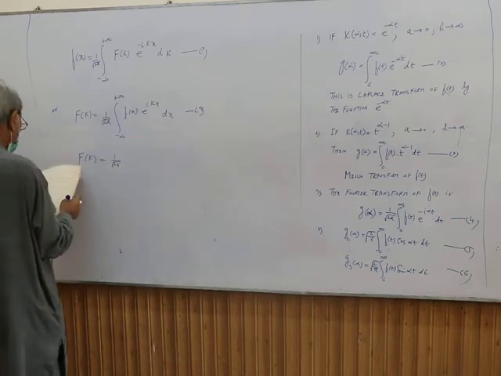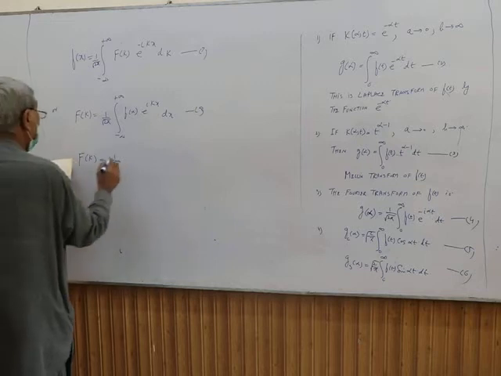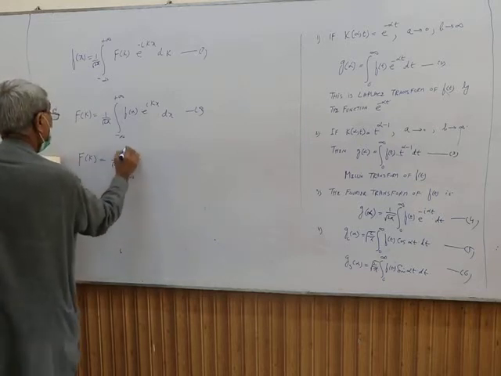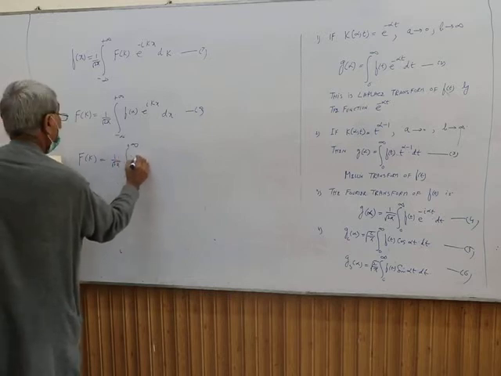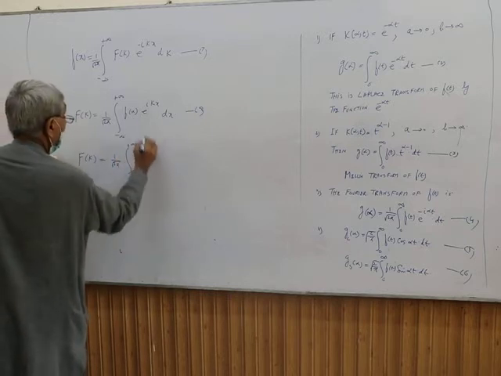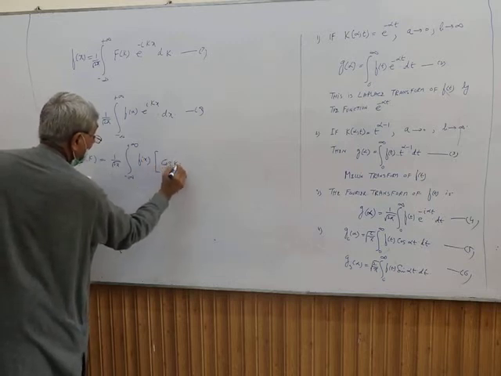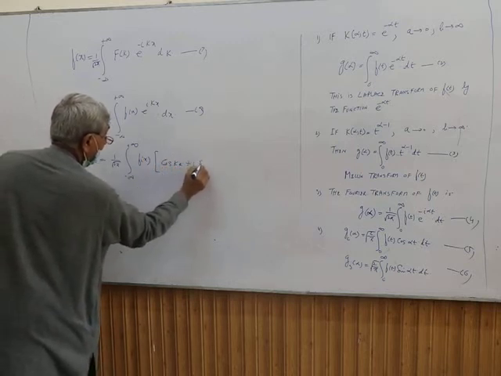So f(k) is equal to 1 over square root of 2 pi, integral from minus infinity to plus infinity of f(x), and then I am writing this as cosine kx plus i sine kx.